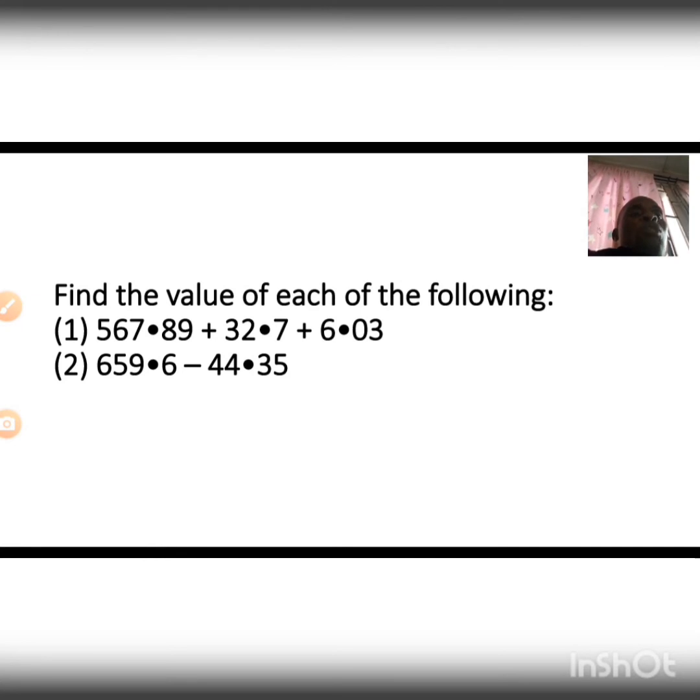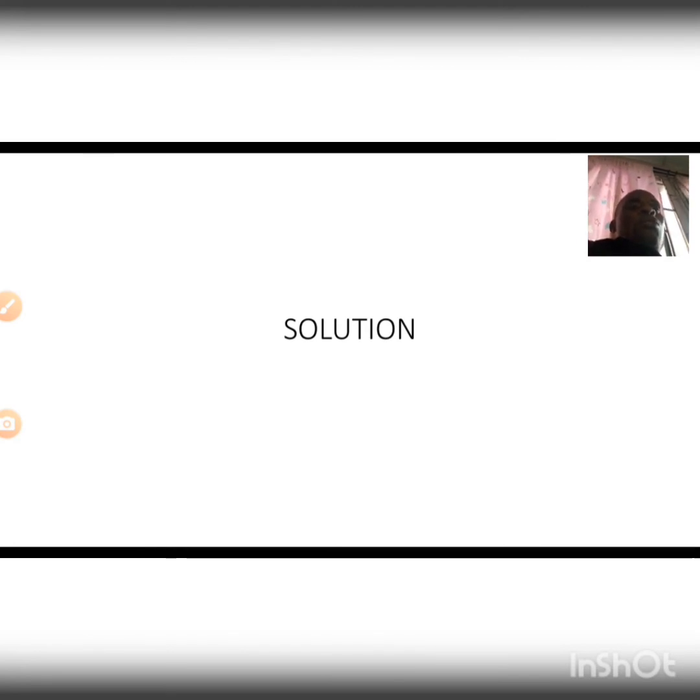You must make sure you arrange them properly. How do you do that? You make sure the decimal points are arranged vertically, under each other, as we are going to see now. Now let's look at the solution to question number 1.